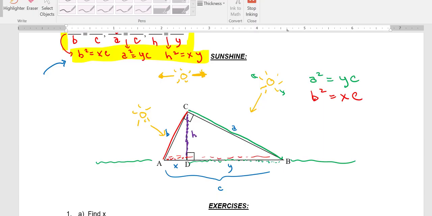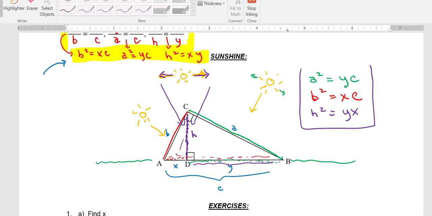Let's call it H. So it's going to be H squared equals, now if it's a little bit to the left and it's shining down this way, my shadow is going to be along the bottom here, Y. Or if it's a little bit this way and it's shining this way, my shadow is going to be X. And there's my three relationships, which are the same as these three relationships here.